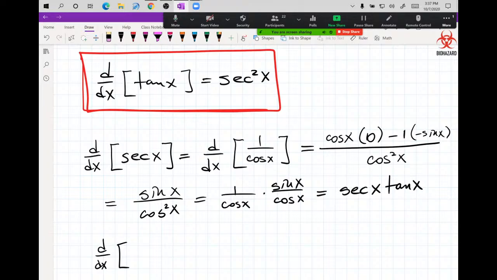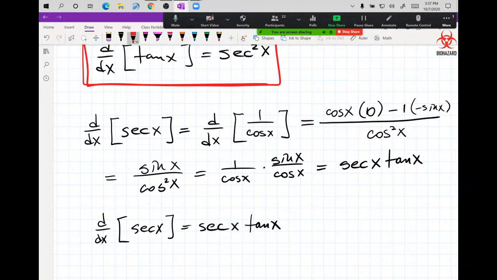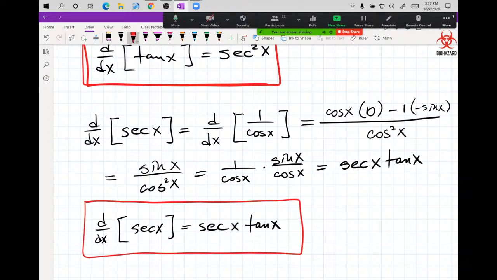The derivative of secant x is secant x tangent x. So now you know how to obtain all 6 formulas. For the first 2, sine and cosine, you can use the definition to work out the derivative.